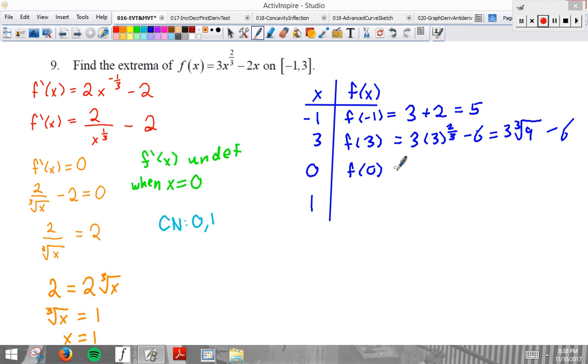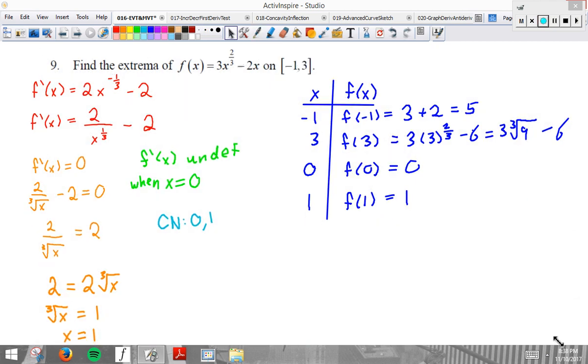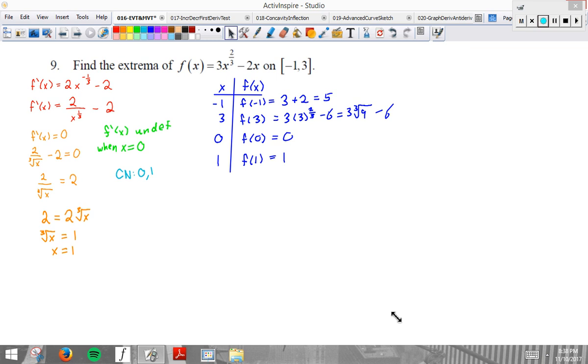F of 0 is 0, and f of 1 is simply 1 to any power is 1, just 1. Now, many students think now is the time to bring out the calculator. We have a way of getting a bound on this without needing a calculator, and that's important for when you're doing problems like this by hand.